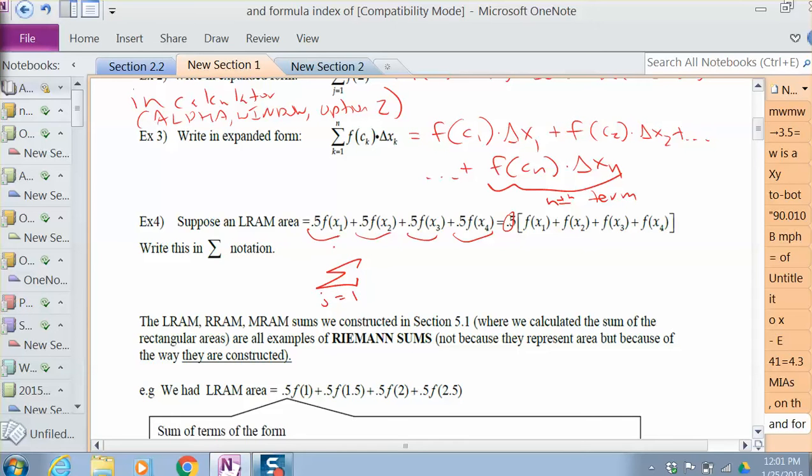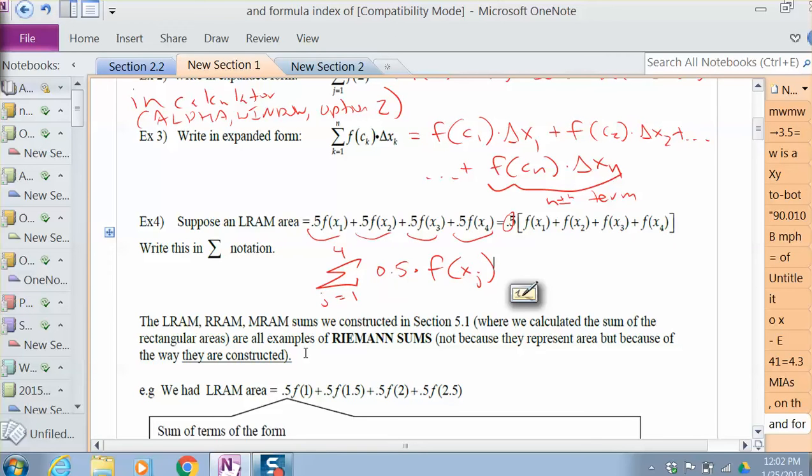Clearly we have 4 terms, so I'm going to put 4 up there because we're going from 1 to 4. And the formula is pretty simple, just going to be 0.5 times f of x sub j. So that's our formula because we put 1 in for j, then 2 in for j, and 3 in for j, and 4 in for j. So that's how we write that in sigma notation.